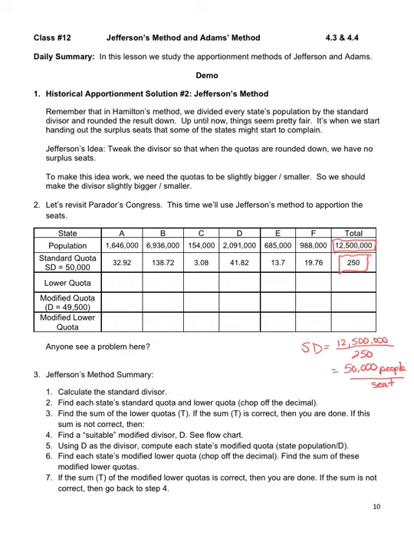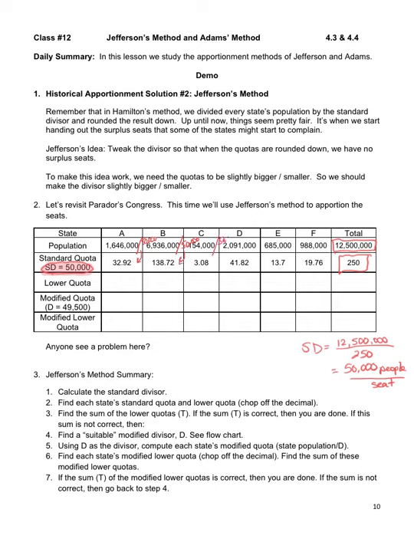All right, so after finding that standard divisor, which is listed here in your table, let me highlight that. Remember, that's our first step. Our next step was to divide each of the state's populations by 50,000. And that's where these standard quotas came from. And that was the beginning of Hamilton's method as well.